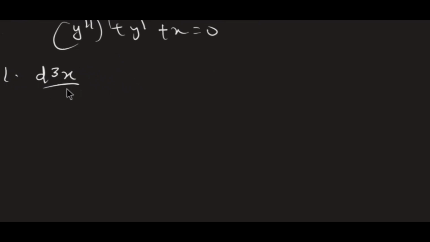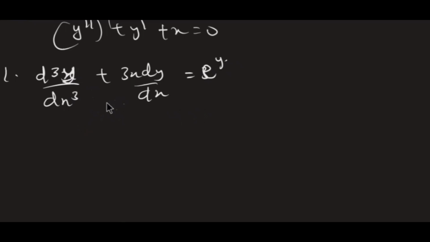Then let's look at some series of examples. The first example: d cubed y over dx cubed plus 3x dy over dx is equal to e to the power y. This is a differential equation. In this equation, we have to identify the order and the degree.